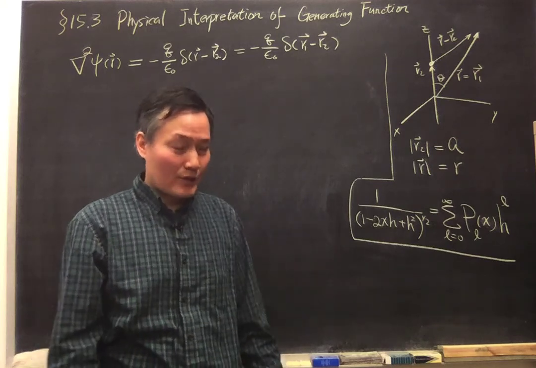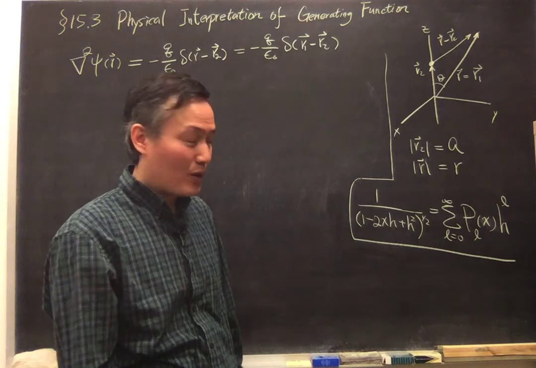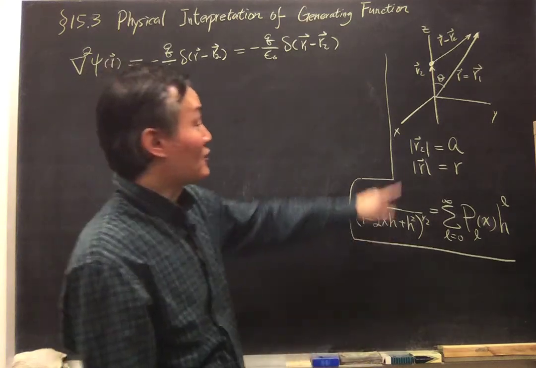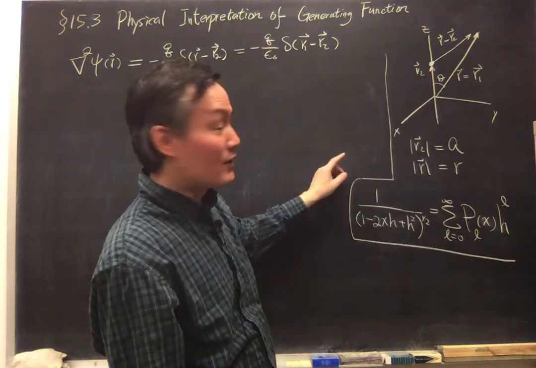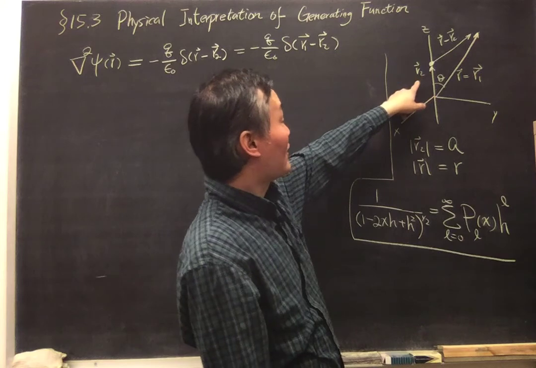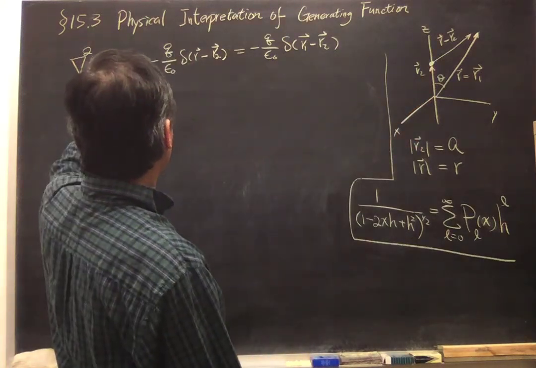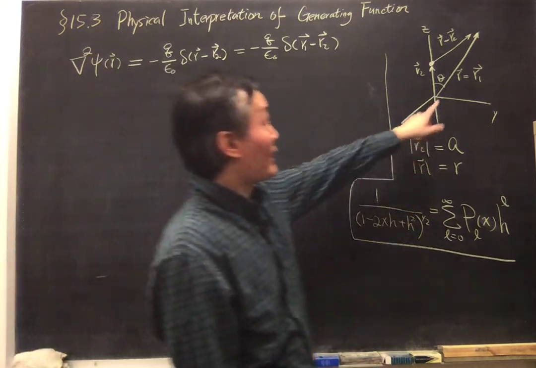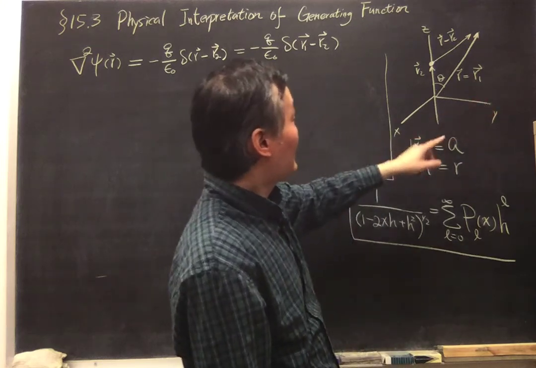And so we are considering a simple electrostatic problem, the electric potential coming from a point charge. So the situation is like that. We have a point charge of charge Q at this location we call R2, and we try to find the electric potential at the location R, which we'll later call R1.